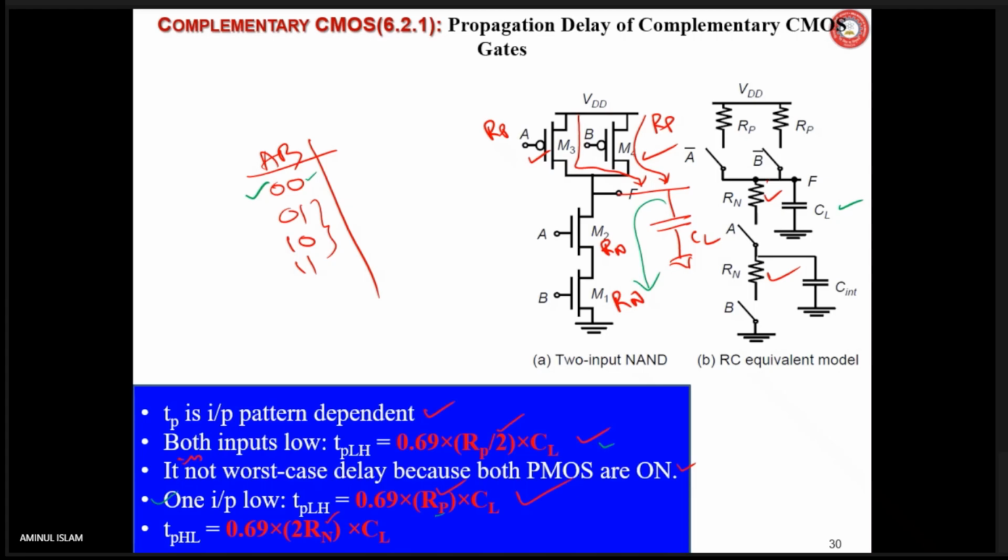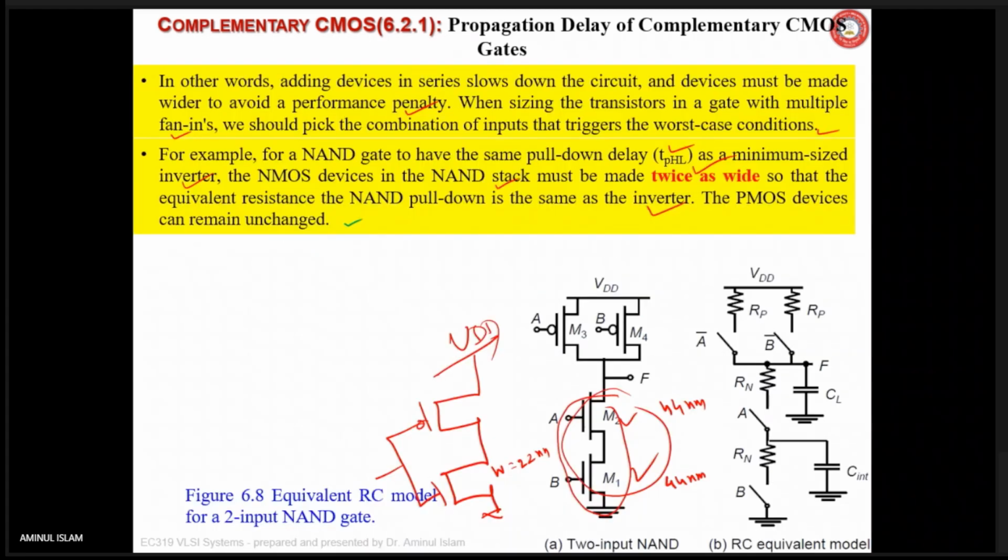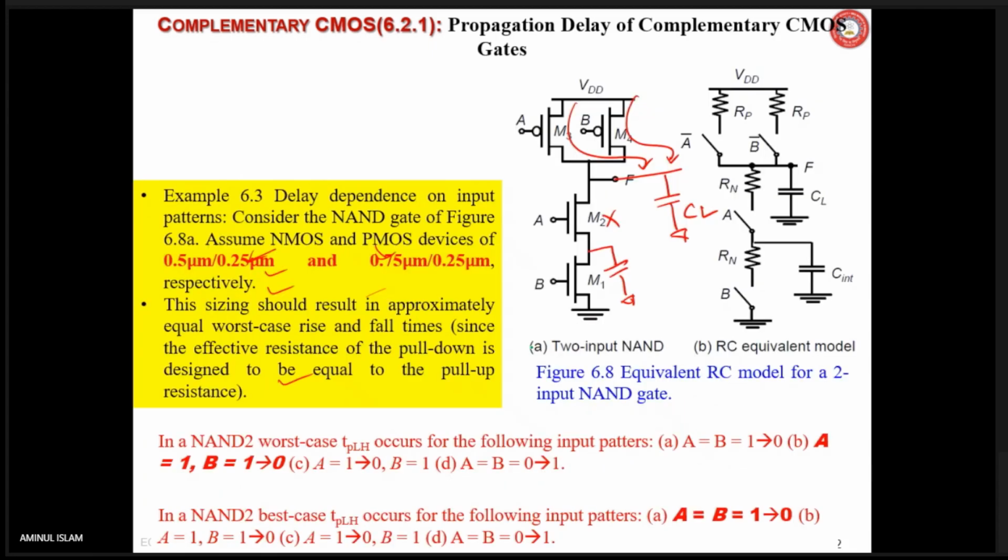Suppose you are using a 4-input NAND gate. The transistors are not sized the same, as is said here, and they're not simply twice as wide. Rather, they are sized progressively.